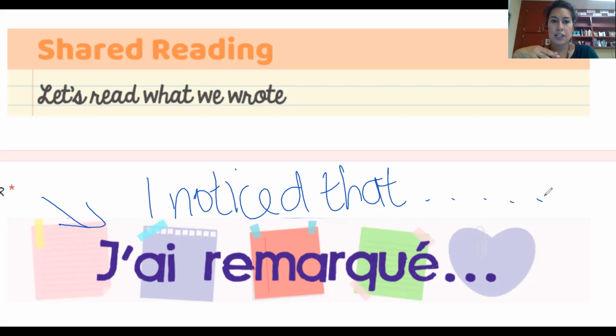Or when I read in English, you could be writing, I noticed that the way that the sentence is constructed, the order of the words, the way that the adjectives are placed, or the verbs are conjugated, or there's S's on the end of certain words, or E's on the end of whatever, so spelling or grammar. And you're just engaging with the language in that way.